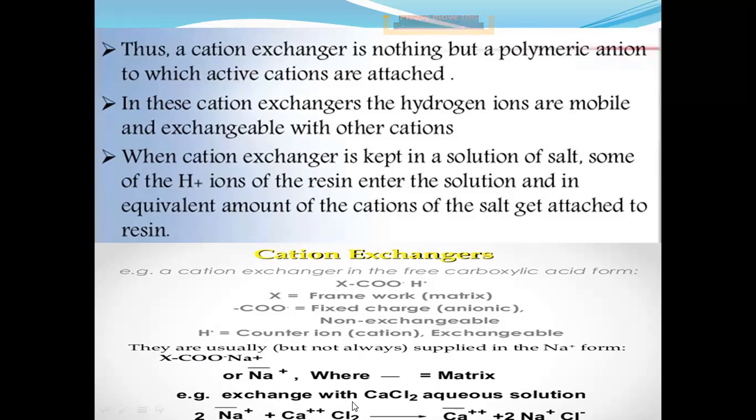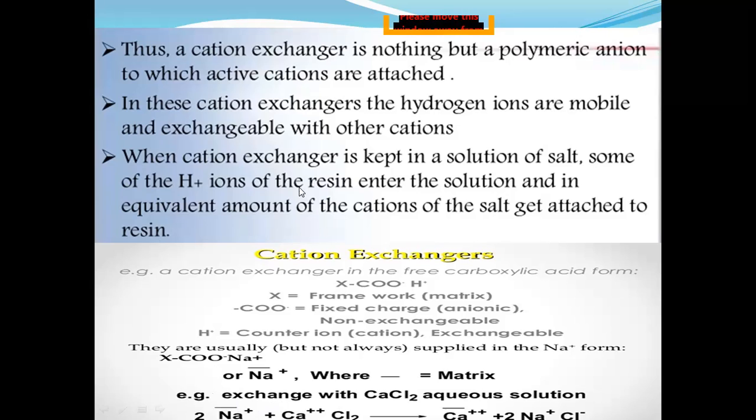Example: exchange with calcium chloride aqueous solution. When we introduce the calcium chloride solution on this resin, the Na plus counter ions are replaced with calcium, in an equivalent amount.